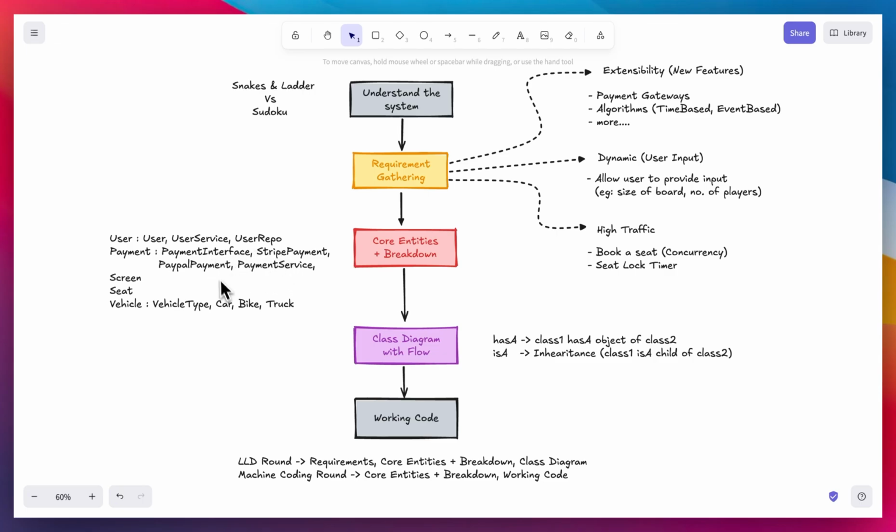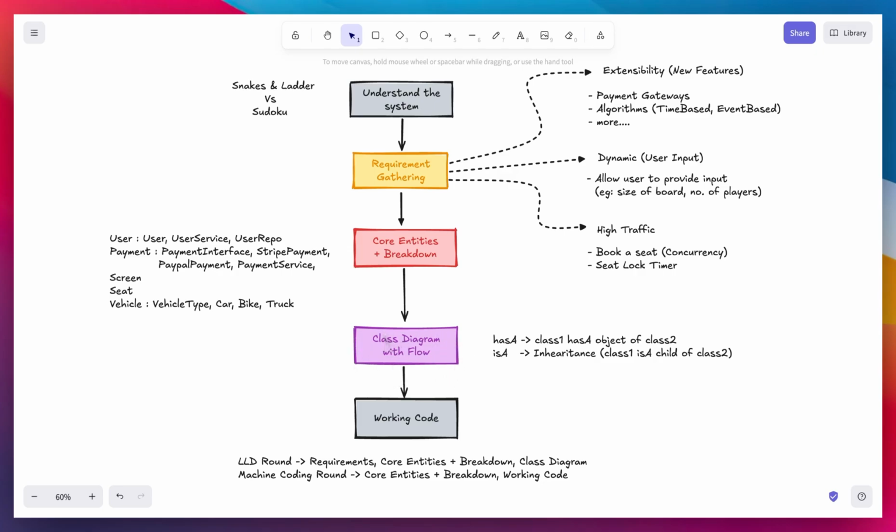Once you have written down the entities, your next goal would be to connect those entities and try to understand the flow between them. Because if you don't even understand the flow, then obviously you won't be able to write the code. In order to understand the flow, we would be drawing the class diagram.